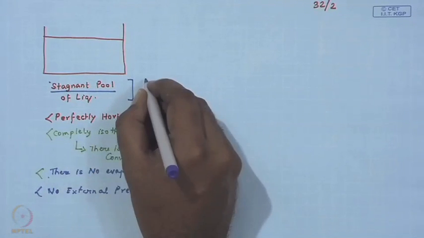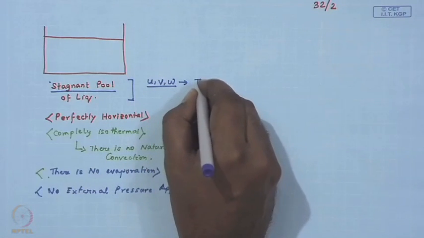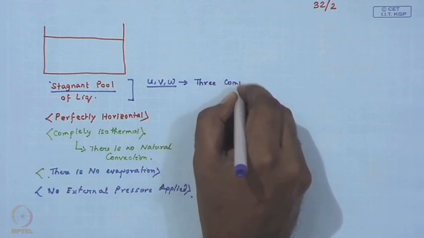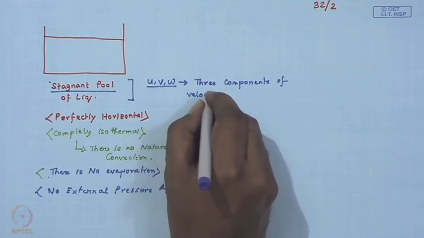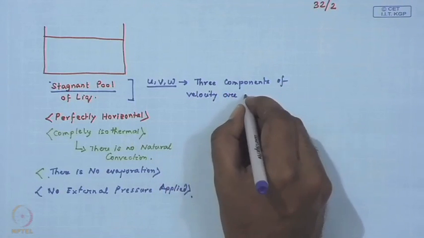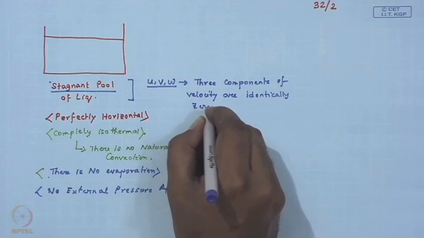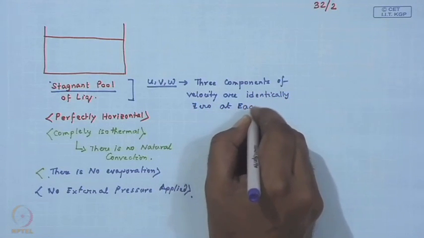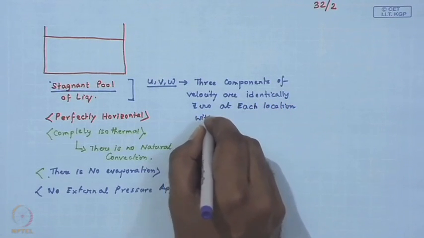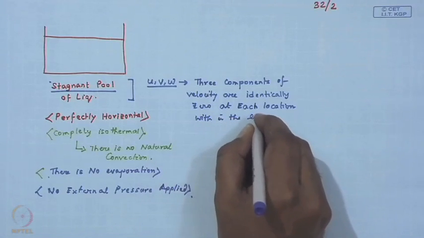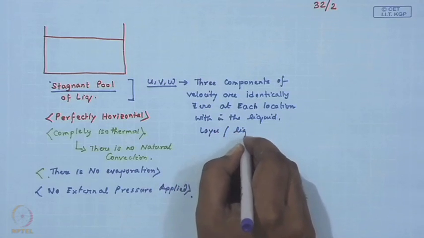So, what it means is that U, V, W, that is the 3 components of velocity, are identically 0 at each location within the liquid layer or liquid pool.